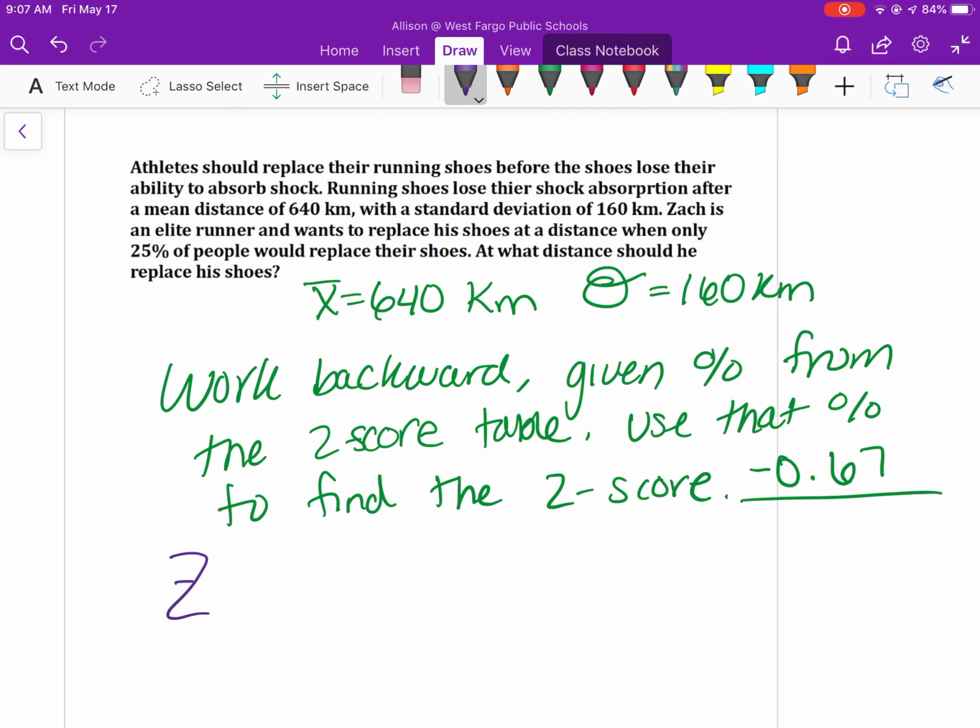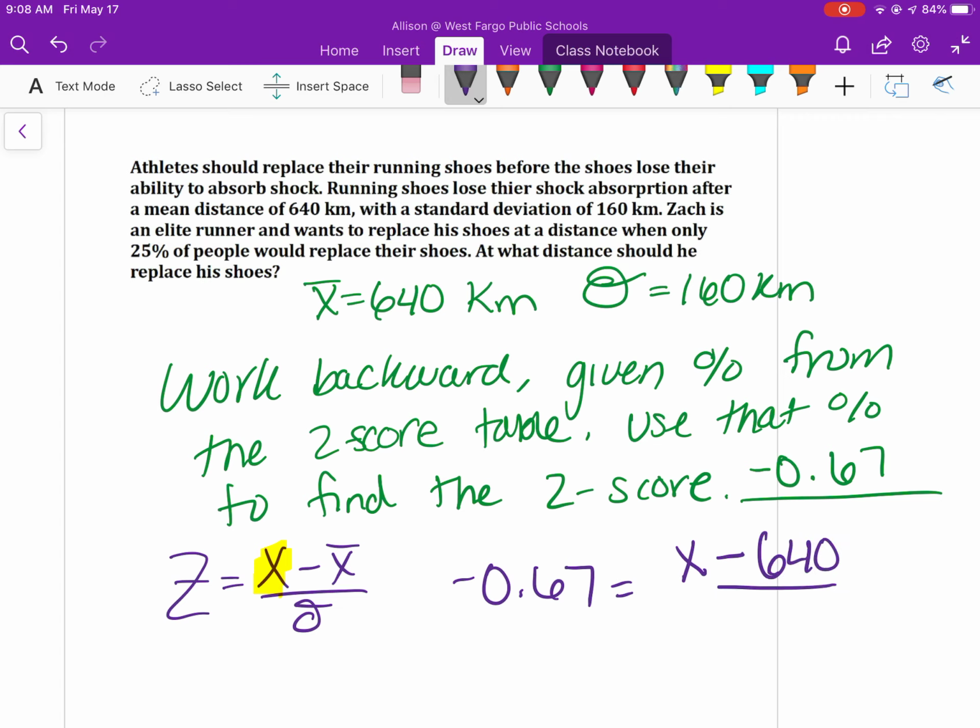So then remember, you have the z-score formula, which says that you can take X minus the average divided by the standard deviation. Well, X is what we're solving for here. X would be Zach's distance, or the number of kilometers at which Zach would replace his shoes. So now I have that negative 0.67 equals Zach's distance minus the average, divided by the standard deviation of 160.